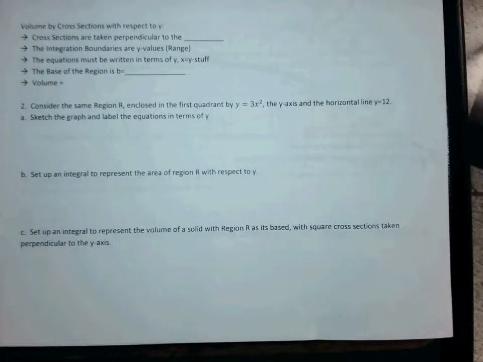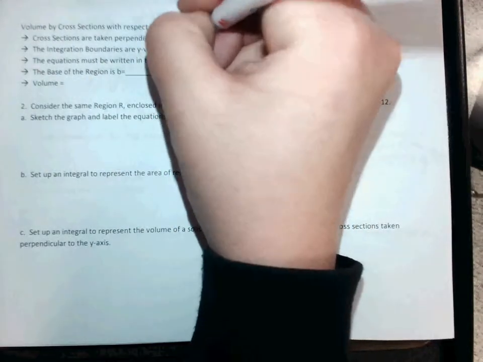Okay. Look at the top. You are going to learn how to do all the stuff that we've been doing dx now with dy. So, first thing, your cross sections will be taken perpendicular to the y-axis.